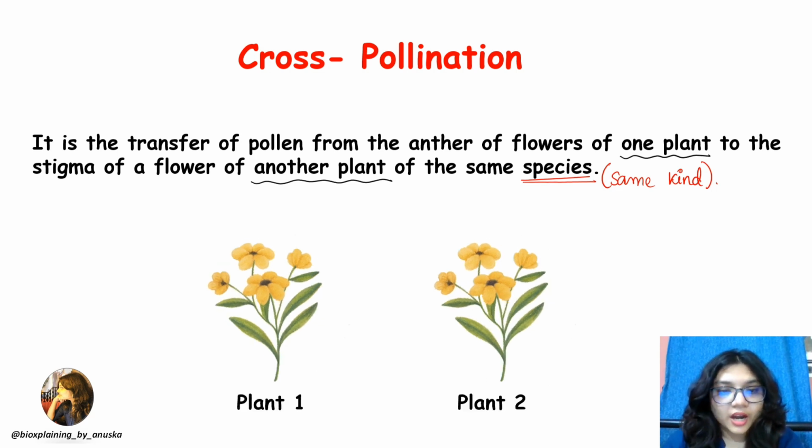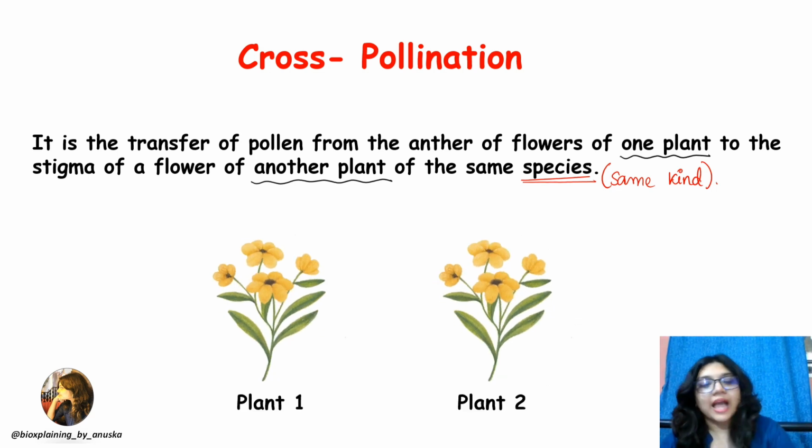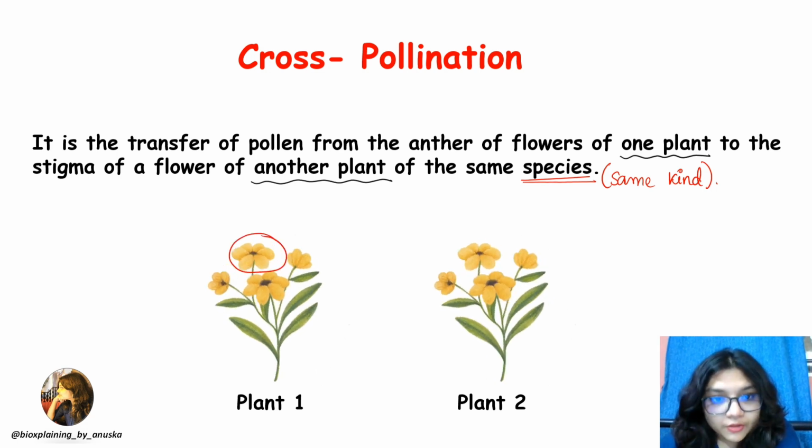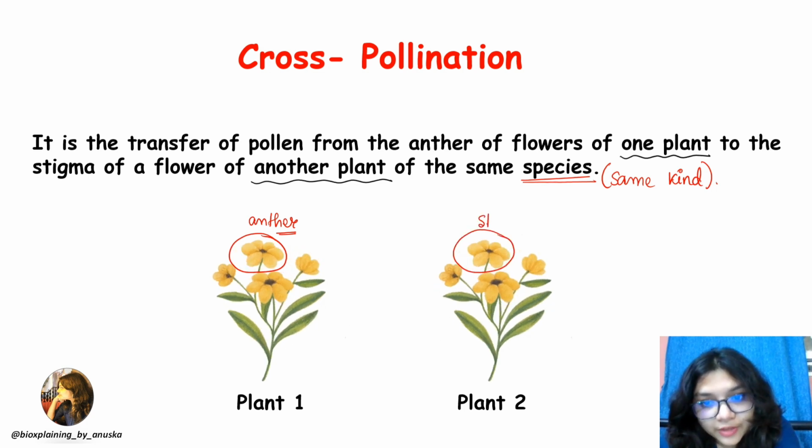Say that these are the two plants that you have and both are of the same kind. So what will happen is, say from this flower here, the pollen grains are released by the anther of this flower. And say this flower here has the female part, which is the stigma.